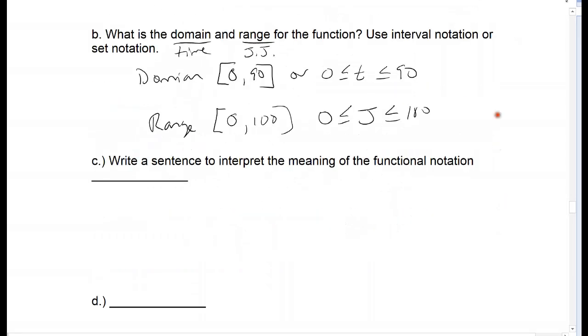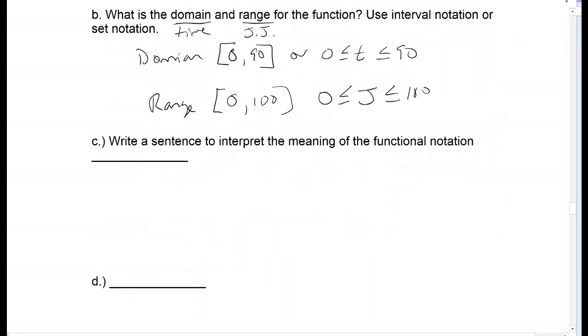Okay, so now some questions based on notation. The first one is just asking what this means. If I give you J of 40 equals 45, what is that function notation telling me? Well, there are two number parts.